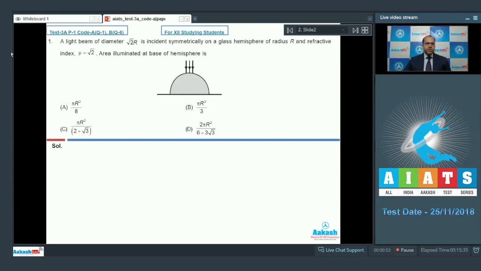So let's analyze the situation. Suppose this is the symmetrical vertical line, and suppose a ray is incident at this point. It is given in the question that the diameter of the incident beam is root 2 r, so this separation is r by root 2.